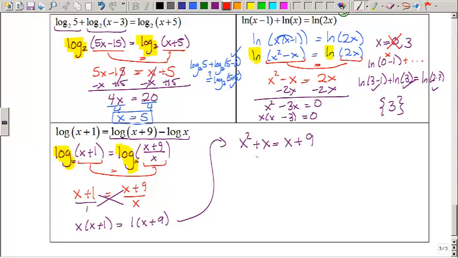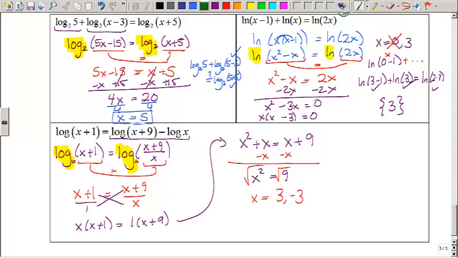Looks like my x's are going to subtract off here, leaving me with x squared equals 9. Next, I can take the square root of both sides, and my answer is positive 3 and negative 3, because when you take the square root of both sides, you take the plus or minus part.